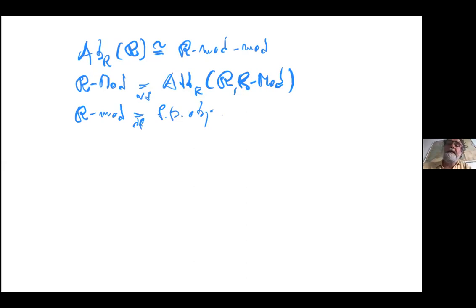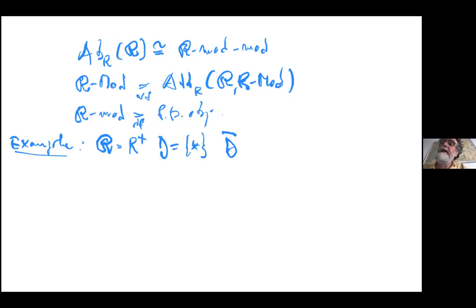So what is the key example here? The key example of what is going on is the case of the additive category given by the completion of a ring. So D is equal to a single point.